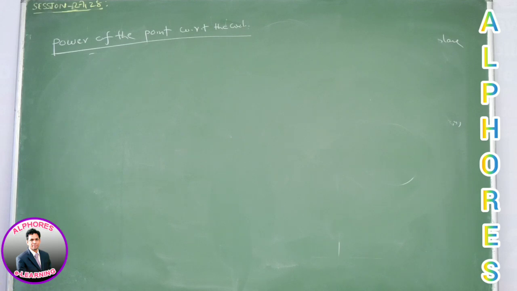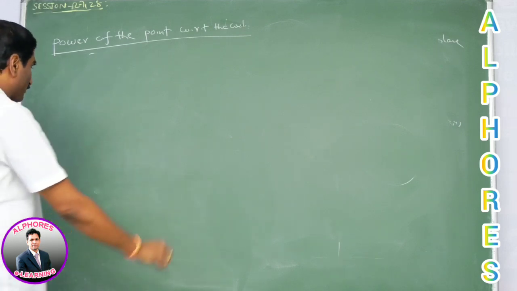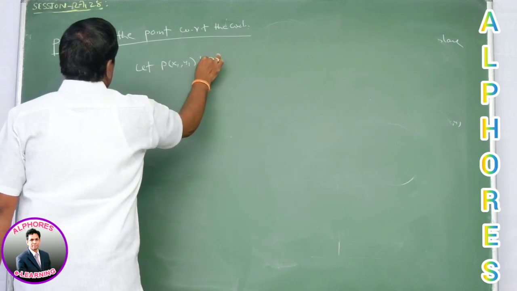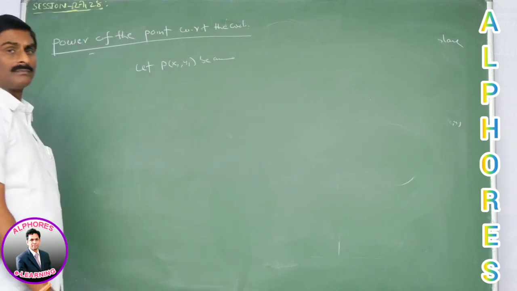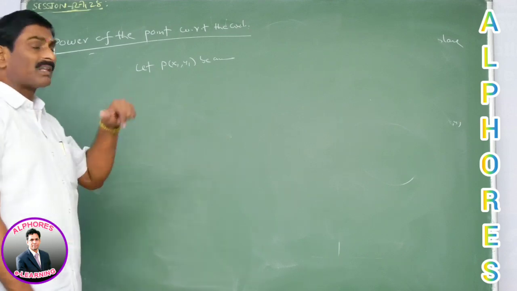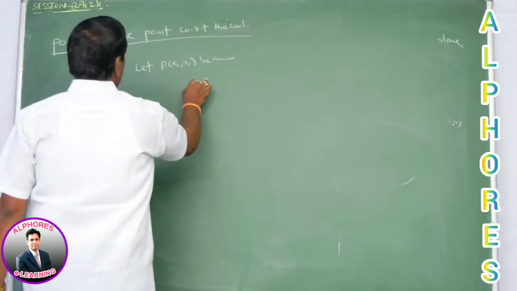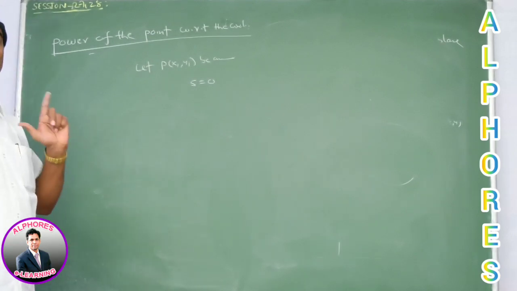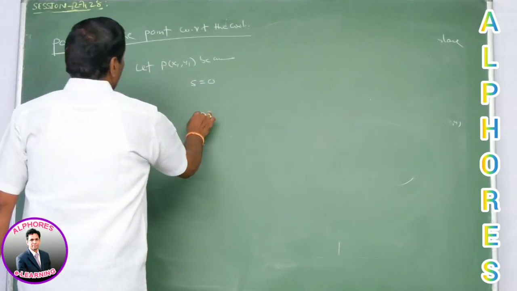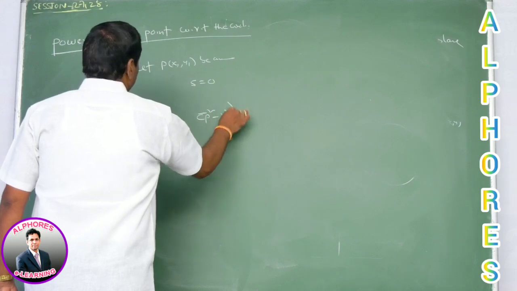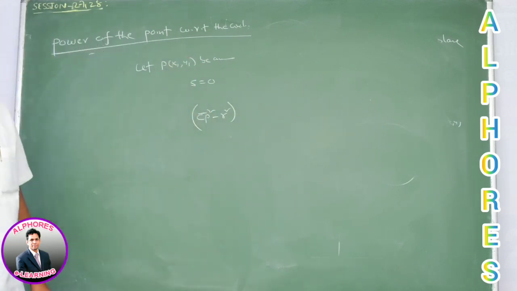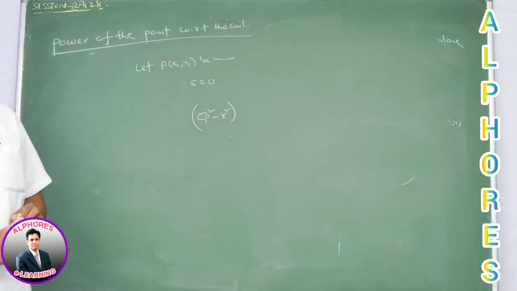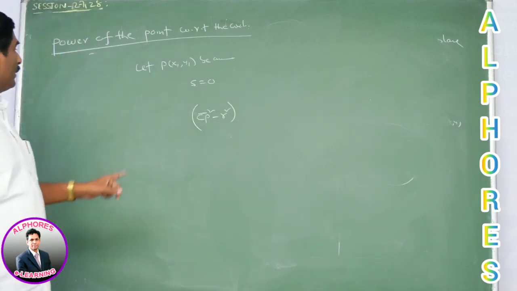Let P(x1, y1) be any point in the plane. Then the power of the point P with respect to the circle S = 0 is nothing but the value of CP square minus R square. The value of CP square minus R square is said to be the power of the point P with respect to the circle S = 0. Please write this point.